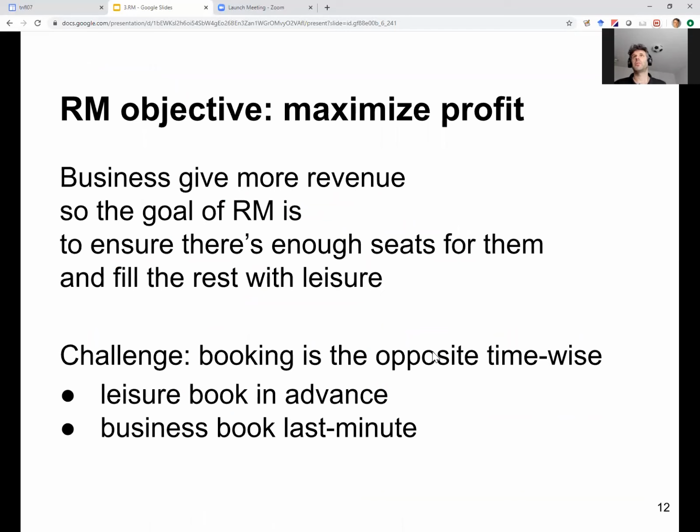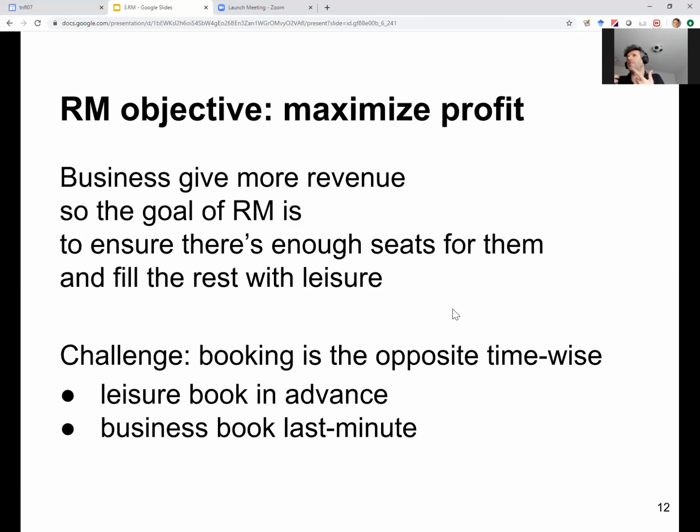We want to maximize profit, and here is the catch. So essentially, this slide shows what the problem is, or what the challenge is, that we want to sell more business tickets, but we don't know how many business passengers will want to fly our flight because they book after the leisure passengers.